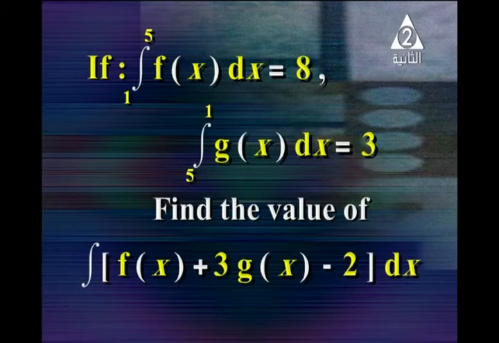Remember, the given is the integration of f of x dx from 1 to 5 equals 8, and the integration of g of x dx from 5 to 1 equals 3. The required is the integration of the bracket containing f of x plus 3 g of x minus 2 with respect to dx.